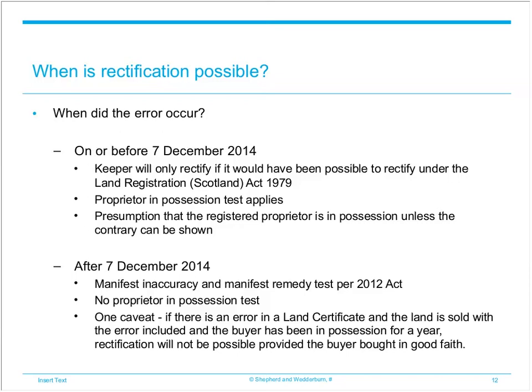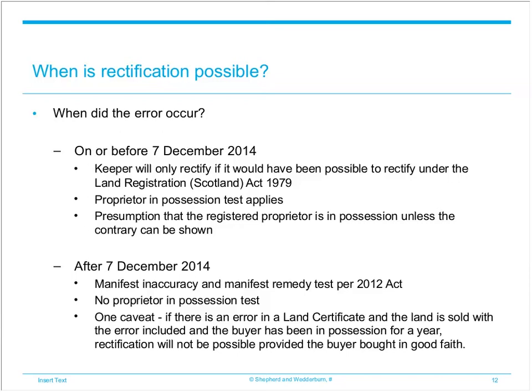There is a presumption that the proprietor is in possession unless the contrary can be shown. So what that really means is, if the error existed on or before 7th December, the person in possession of the land should win. In practice, though, what we find is the keeper often sits on the fence and won't rectify, and instead wants parties to try and reach an agreement before she'll rectify, and that often has the result of forcing parties into court.